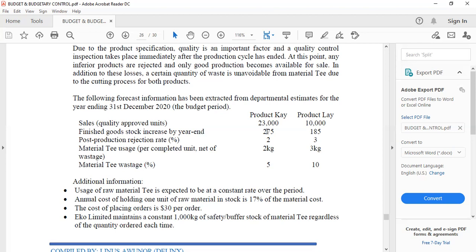In all, what will be the total quantity of goods that we should have before we sell 23,000 and are left with 275?